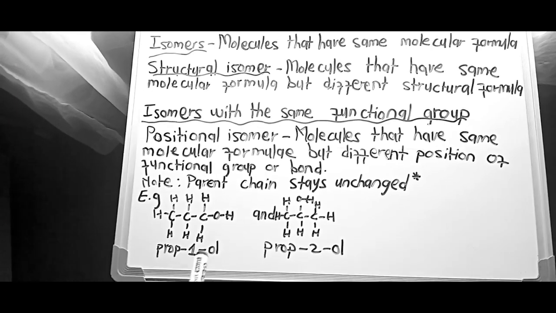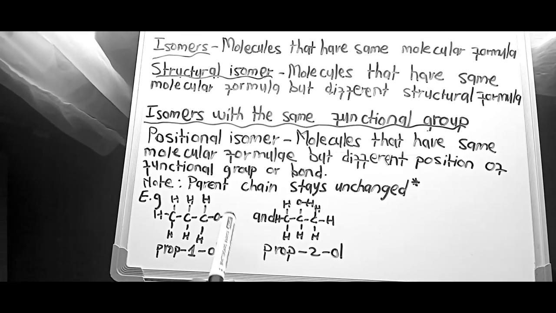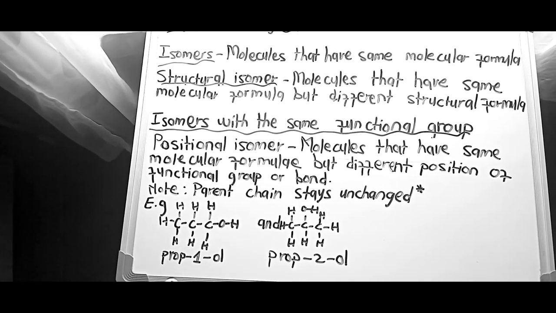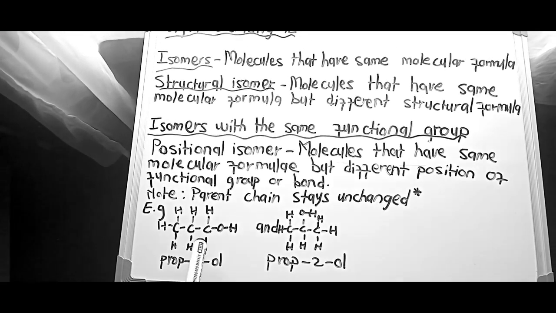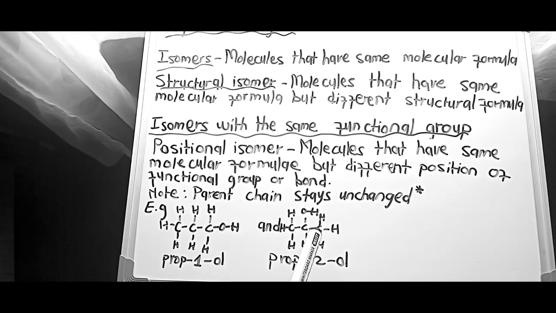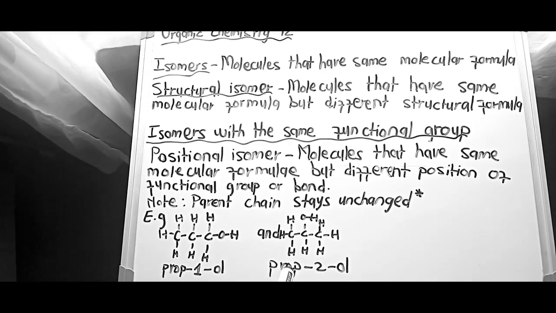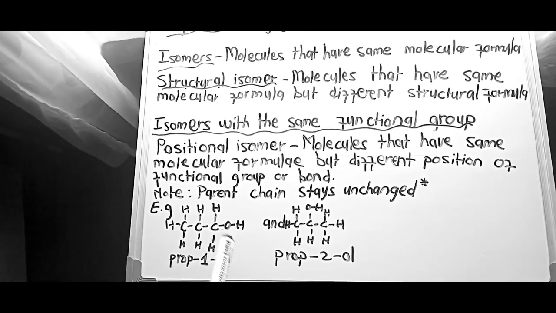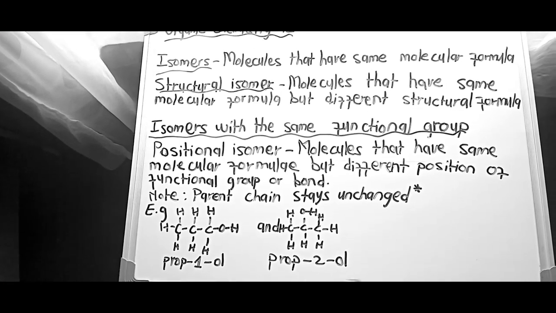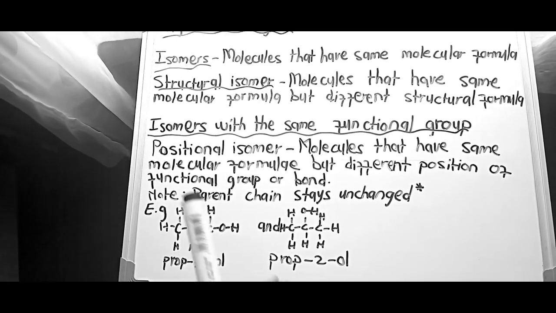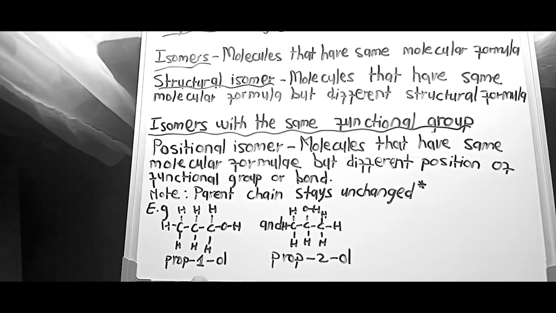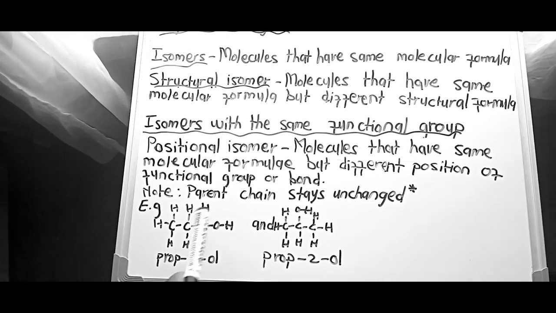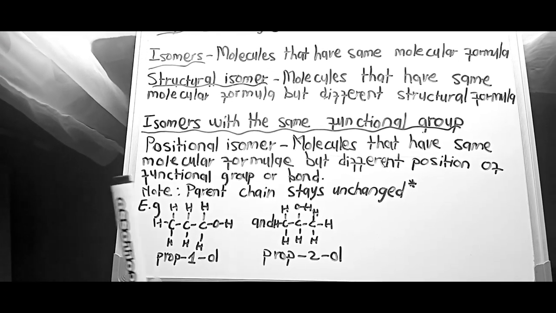But note that the OH, the hydroxyl group, has changed position. On this one, it is bonded on the first carbon, and on this one, on the second carbon. That's why it's propan-1-ol and propan-2-ol. That's why we say these two structures are positional isomers, because their functional group has changed position.